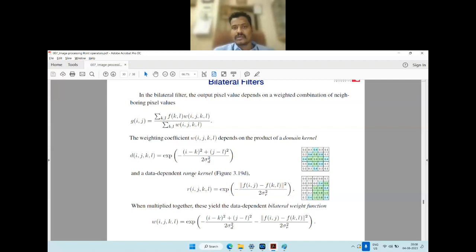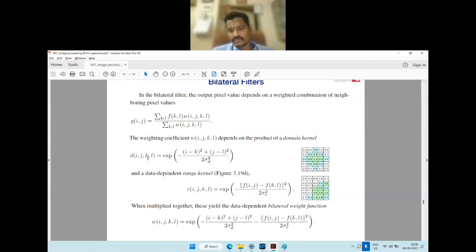The domain kernel tells what type of object is in that particular neighborhood, whether the neighborhood represents a single object or multiple objects. That is what we call the domain kernel. From this we generate a weighting coefficient, and that is represented by d of ijkl, and a data dependent range kernel.